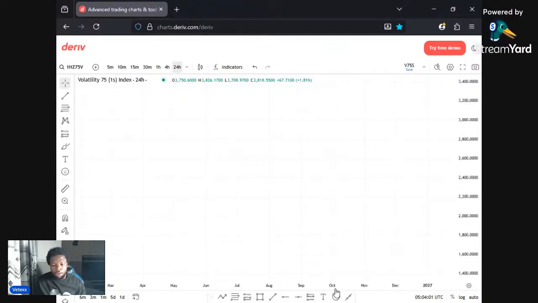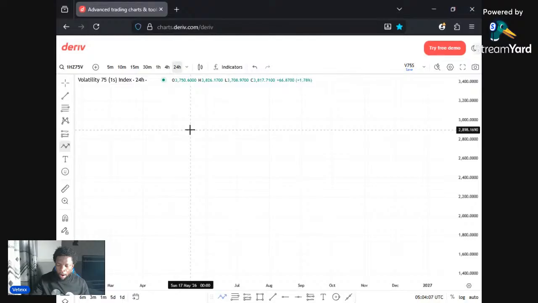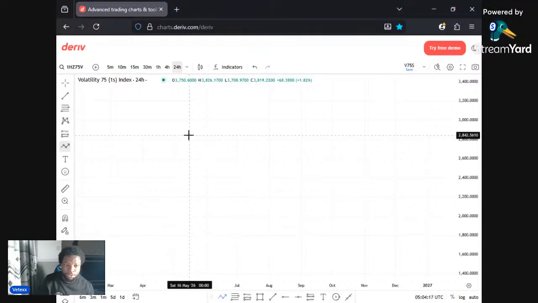Today, before the initial analysis, I'm going to give you a quick breakdown of what the advanced market structure looks like and how you can spot it on any market, be it crypto, currency, or synthetic. You can easily spot the pattern and make use of it to your own advantage.